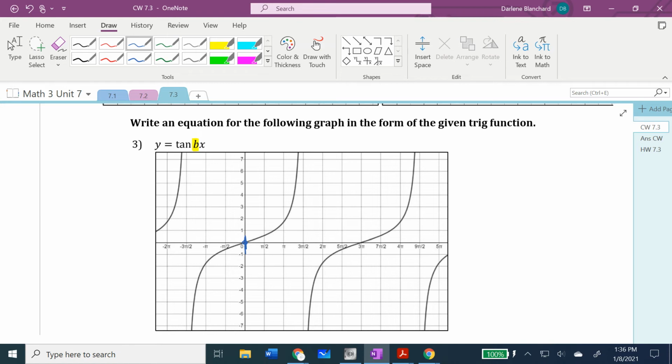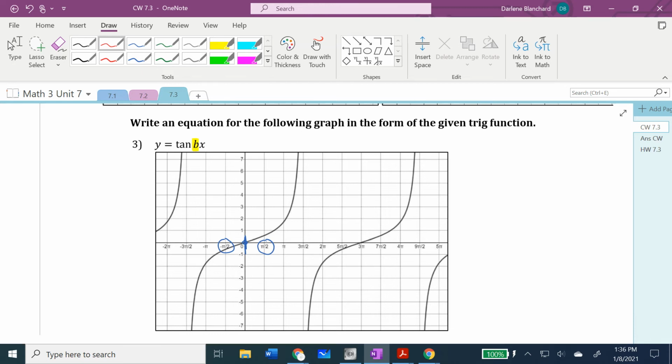Normally, where does tangent have its asymptotes? That's where you can look at the graph. When you're taking a test, you'll have the notes. You can look at the graph. You can see that tangent normally has asymptotes at pi over 2, negative pi over 2.